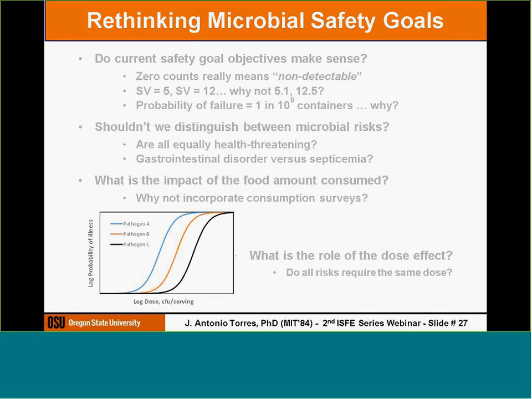They get a good estimate of the dose. And then how many people were exposed, how many people ate at the same restaurant that caused the outbreak, for example.